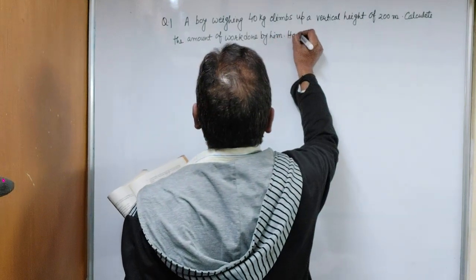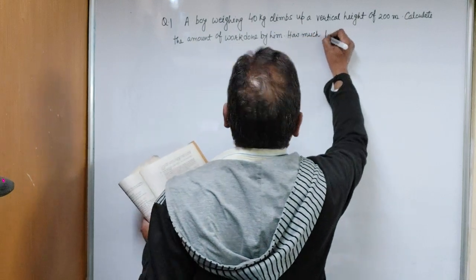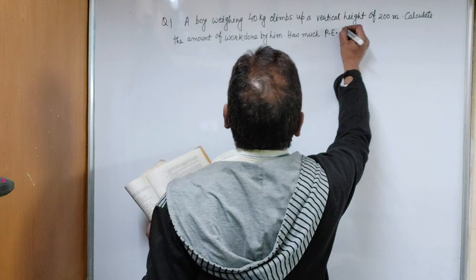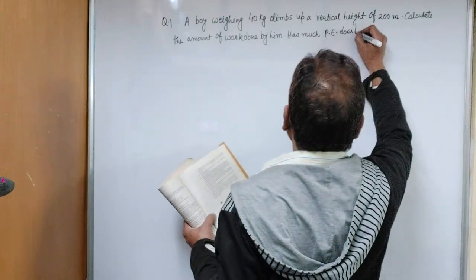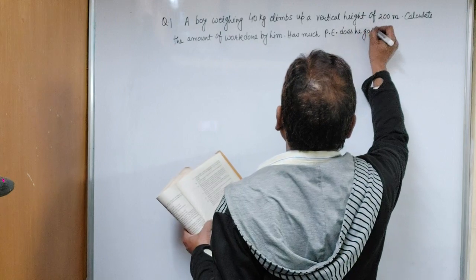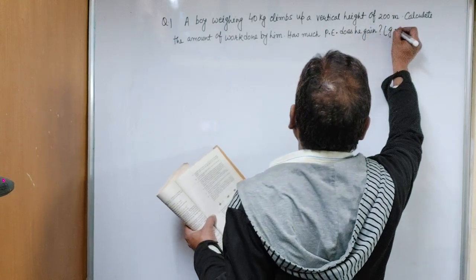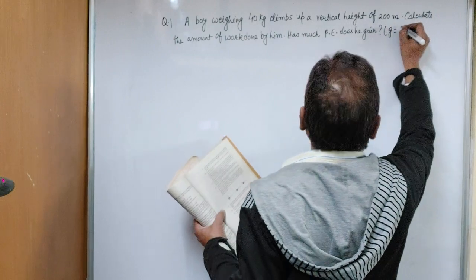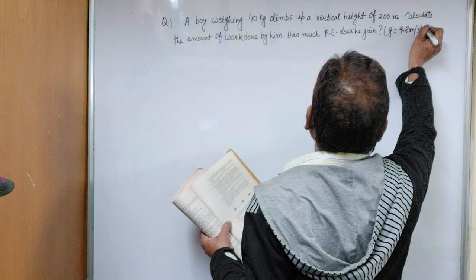How much potential energy does he gain? And g is given 9.8 meter per second square.